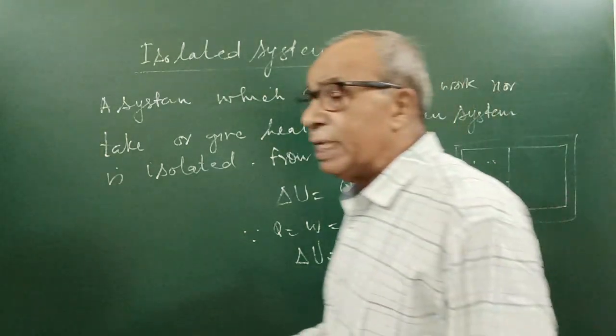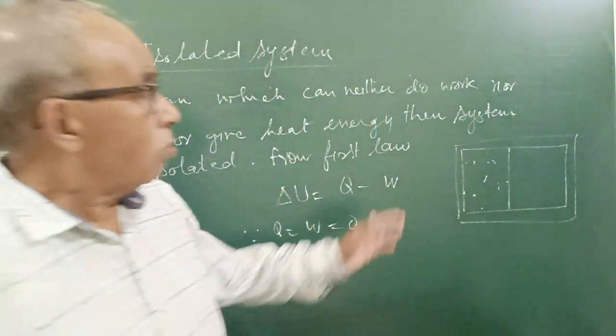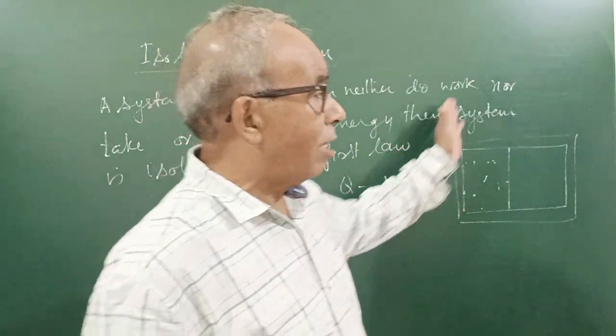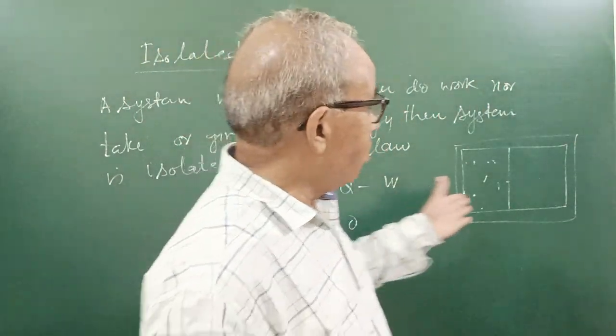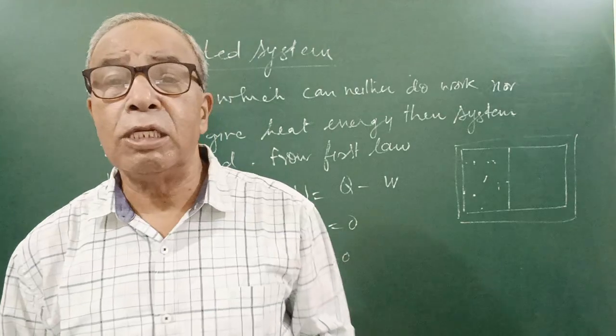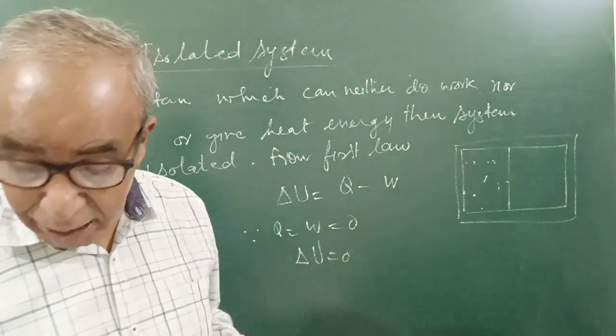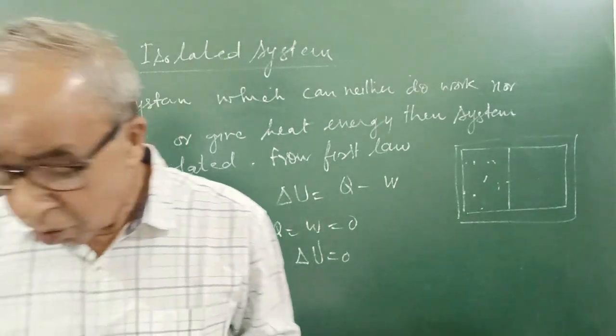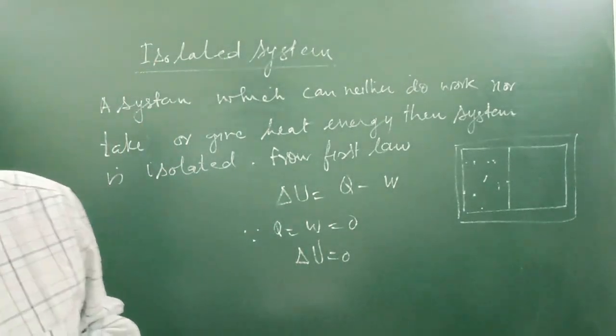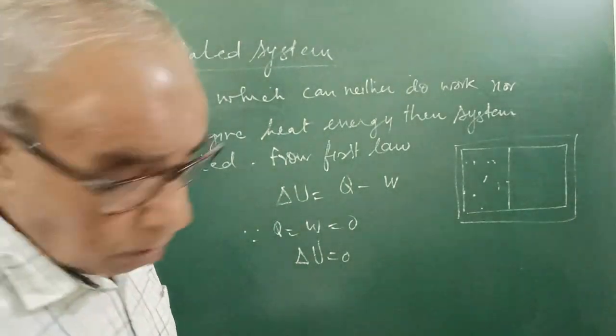So how much is the change in energy? Because from outside no work has been done, no heat given to it, so change in energy is 0 here. Simple answer, sir. This answer can be given by those who know what an isolated system is.